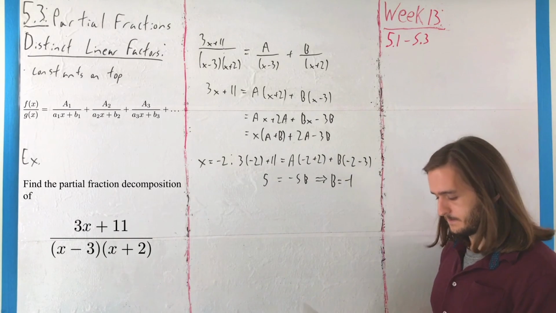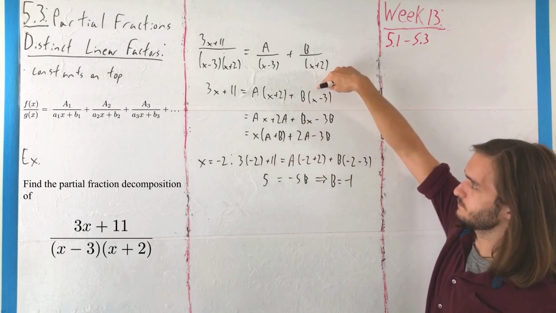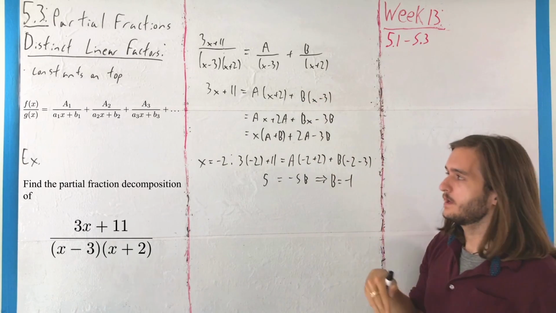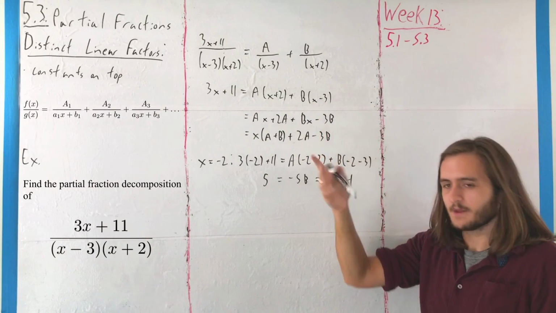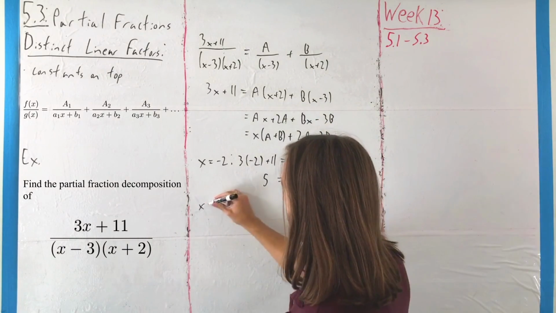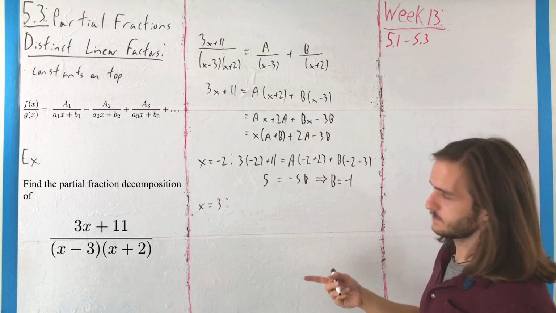And then similarly, if we wanted to use this method to get a, we could recognize that if we plugged in 3 here, that would kill b. We already have b, so we don't have to worry about that, but I'm going to do both just to make sure you can see it in both cases. So if we plug in x equals 3, I'm not going to write out what happens here because it works the exact same way.